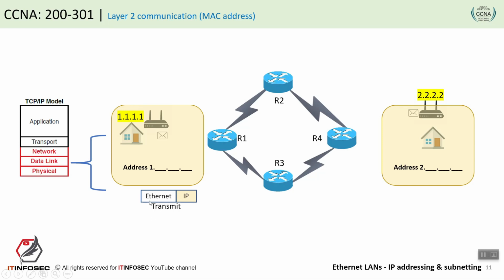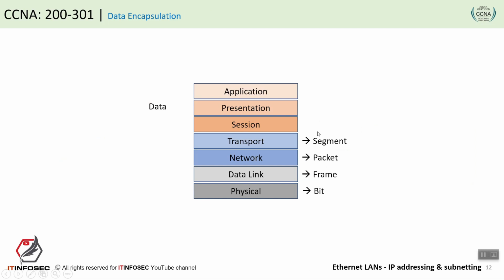The Ethernet header is added to the packet beside the IP address, and is sent through routers, switches, and all layer 2 and layer 3 devices, and transferred to be received by the destination computer.